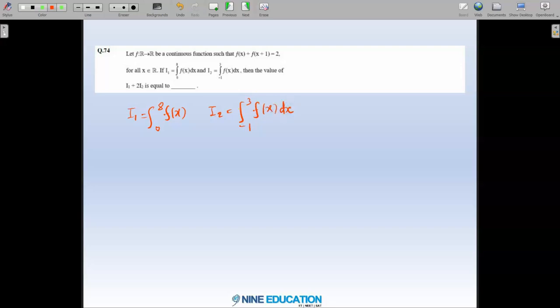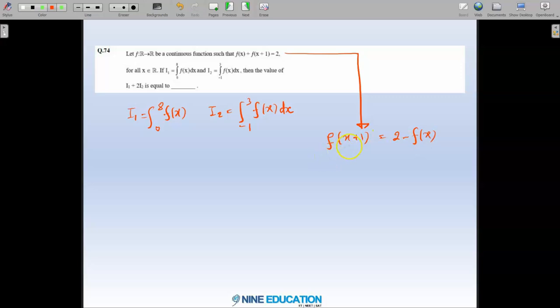So this is based on the periodic function properties. If you observe this relation for the function, let's write this as f of x plus 1 equal to 2 minus f(x).